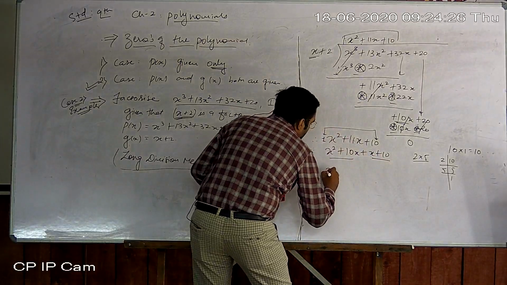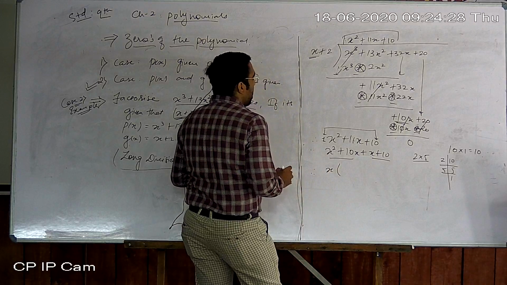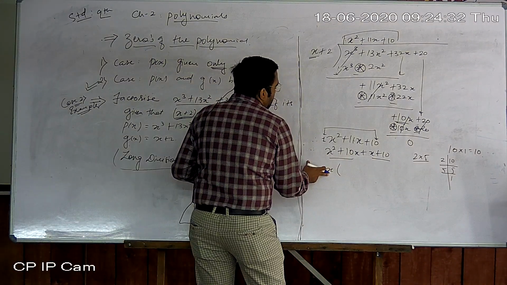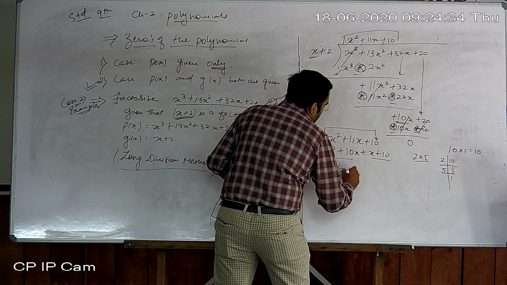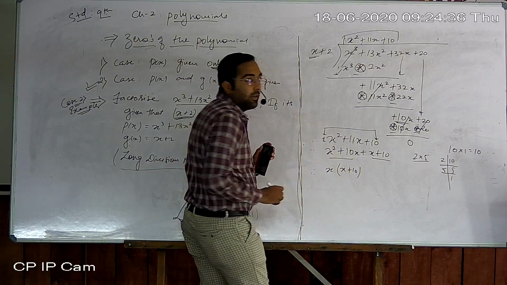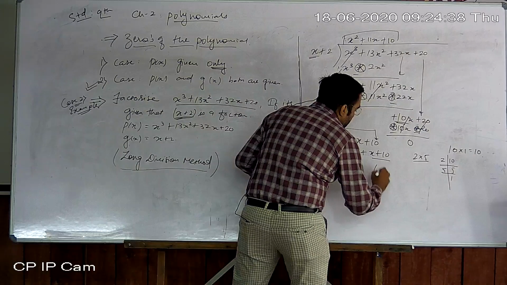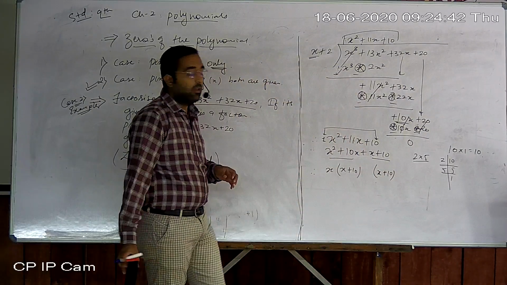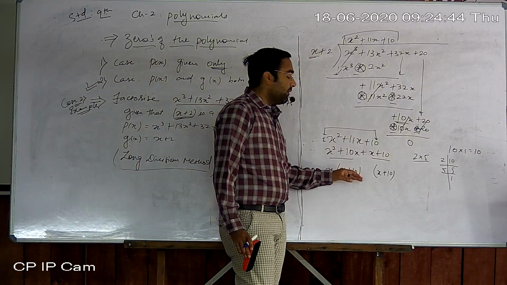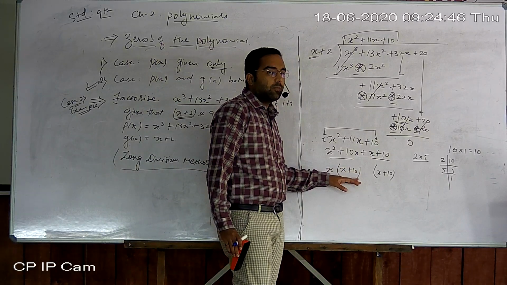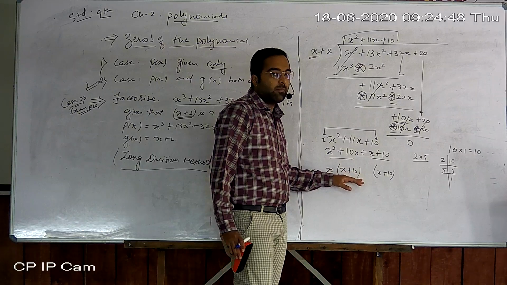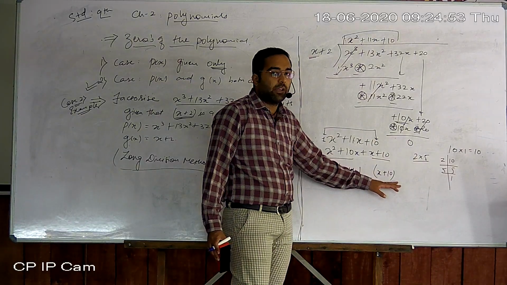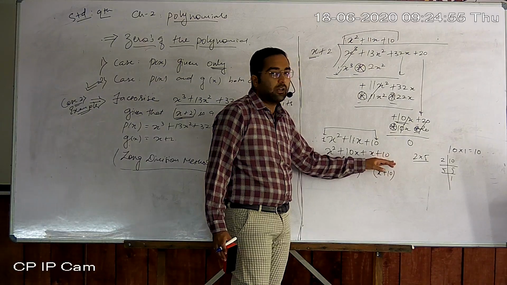So what I found is that in the first two terms, x is common, and x plus 10 remains. As I'll teach you, whenever you get the first bracket, you should take the same bracket with the second two terms.